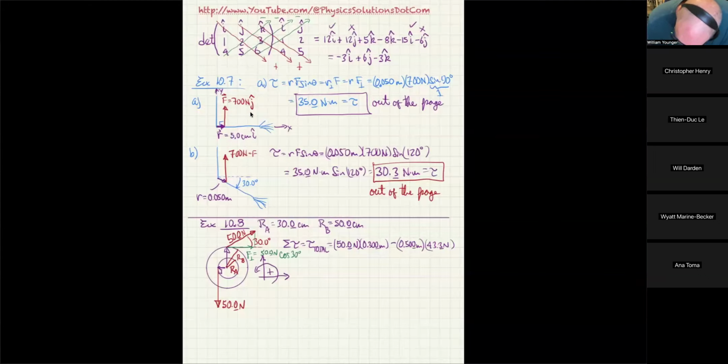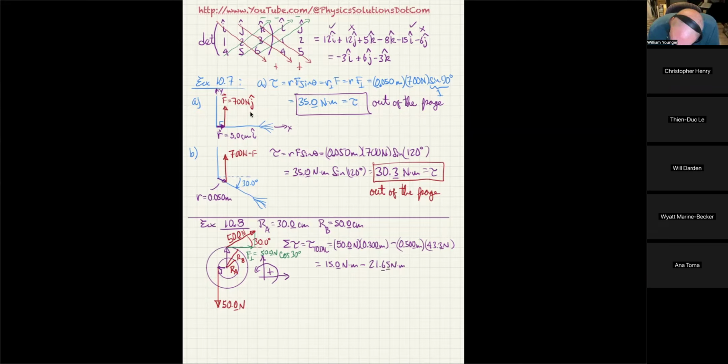Now 50 times 0.3 gives me 15, minus 0.5 times 43.3 gives me a total of minus 6.65. So this one turned out to be 15.0 newton meters minus 21.65 newton meters.